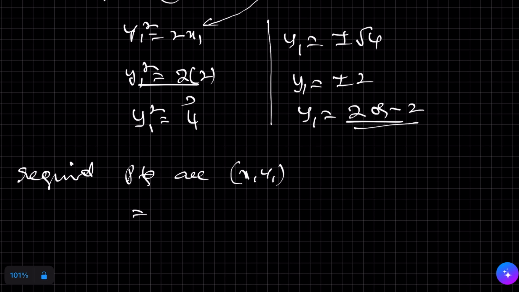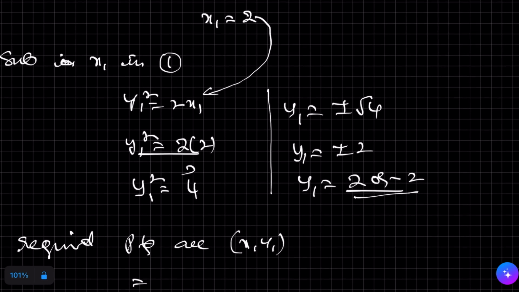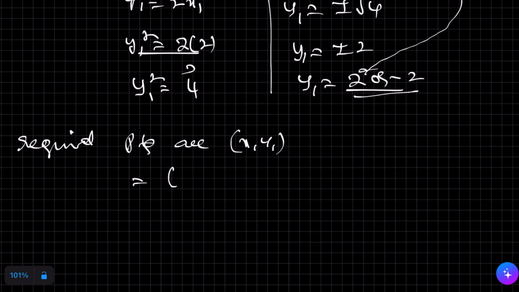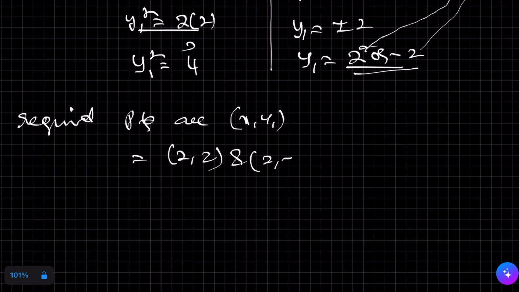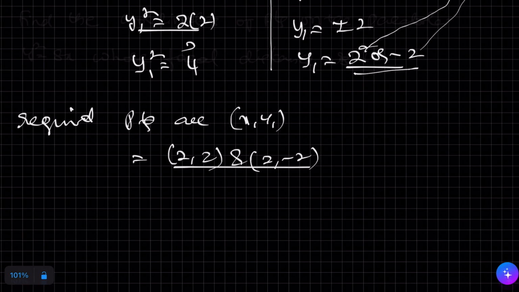The value of x1 is 2. For x1, first let me take 2, so 2 comma 2, and for x1 I'll take the minus 2 also, so 2 comma minus 2. So 2 comma 2 and 2 comma minus 2 are the required points.